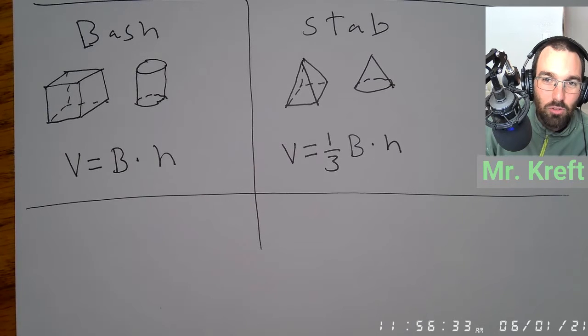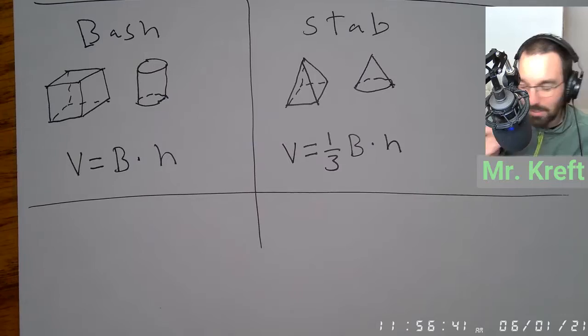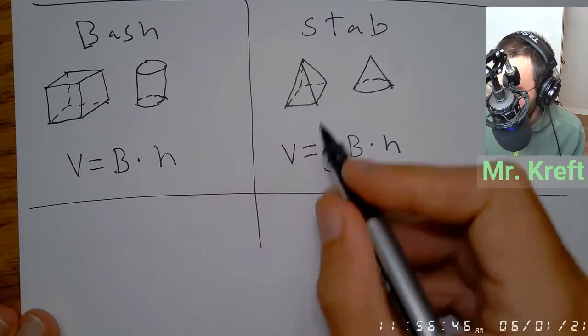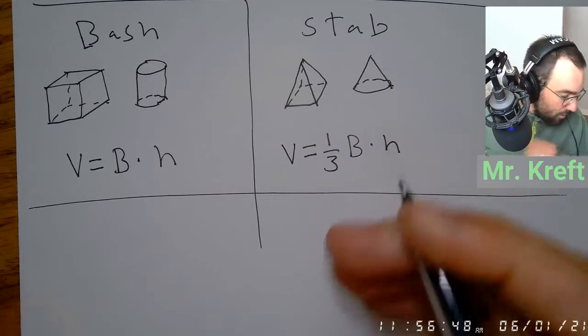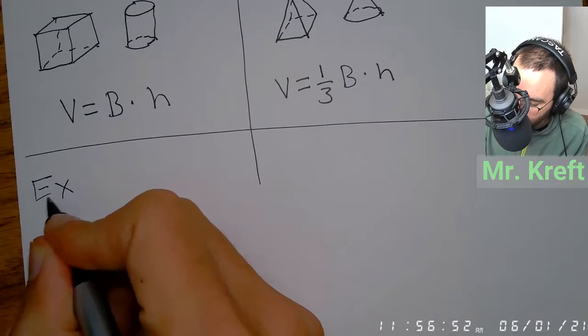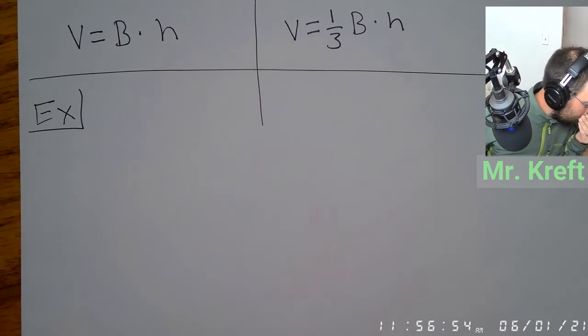So without being able to show you physically through science, all we have is this really creepy story that you're probably going to remember for a long time and think Mr. Kreft is a little weird. But bash shapes, area of the base times the height, stab, 1/3 area of the base times the height. So let's do some examples of this, and I'll show you what I mean.